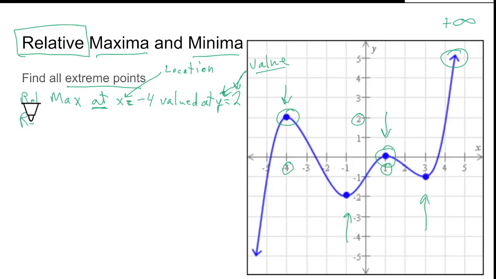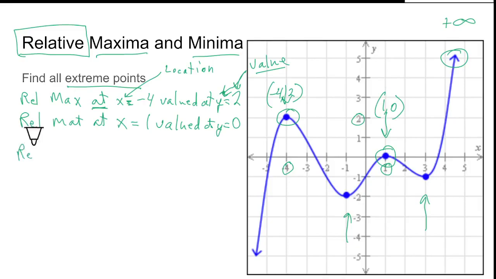And then again, we've got a relative max at x equals 1, and we could just say it's valued at y equals 0 in this case, because you could also, I suppose, list them as points, right? So this is (-4, 2), and this one here is (1, 0). So two maximum points.